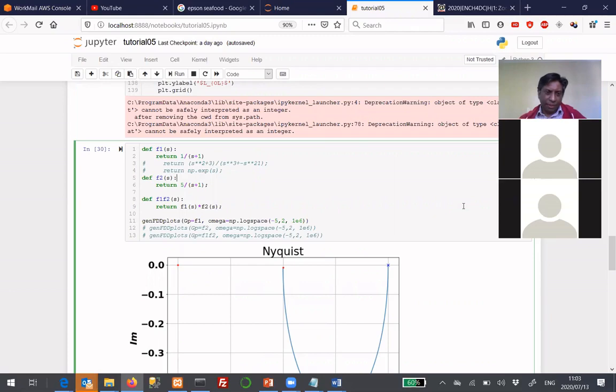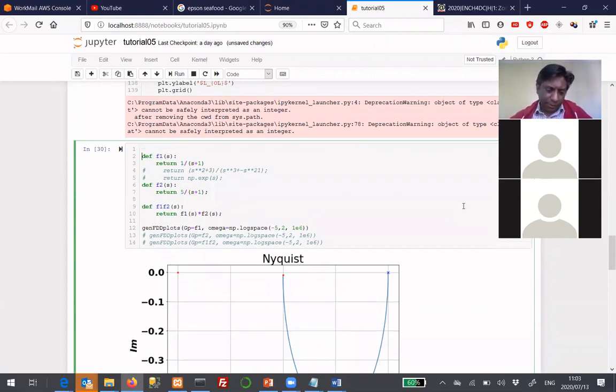Let's say we are interested in the function s plus 3 over s plus 1. So our denominator is s plus 1, and then our numerator is s plus 3.